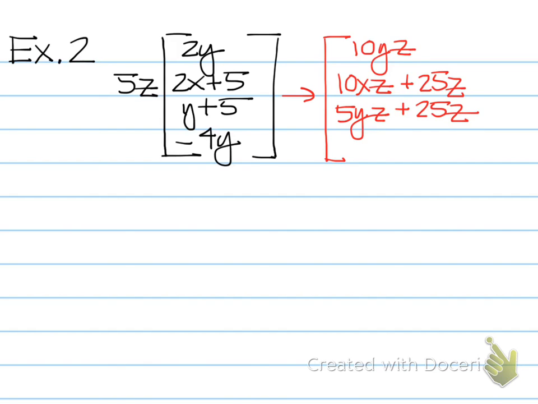Multiplying 5z times the third element in our matrix will give us 5yz plus 25z. And then 5z times the last element in the matrix will give us negative 20yz. Again, make sure to write your variables in alphabetical order. All the terms should be in descending exponential order.